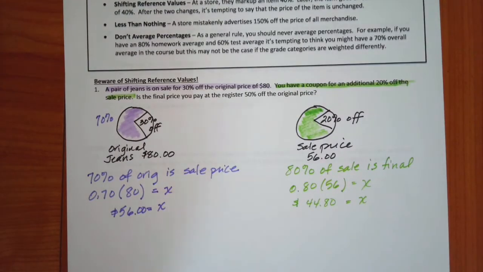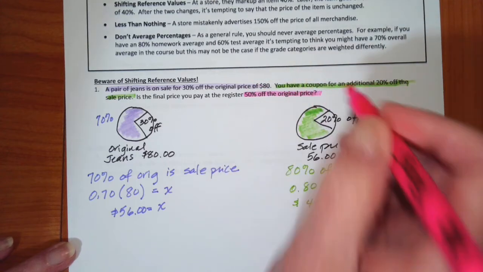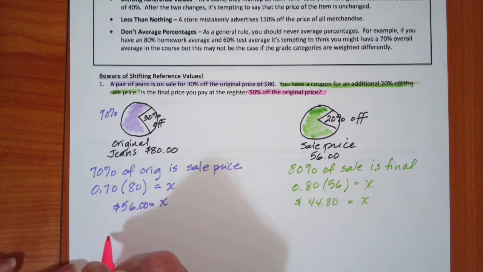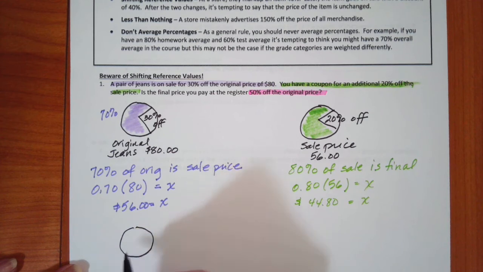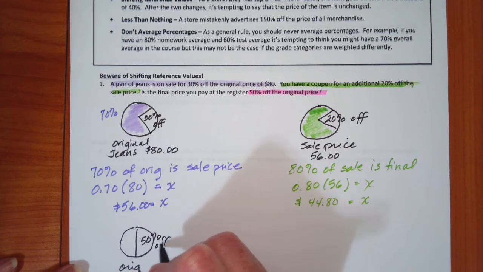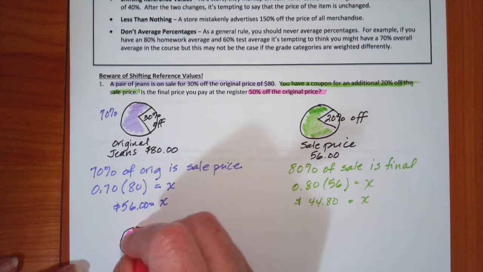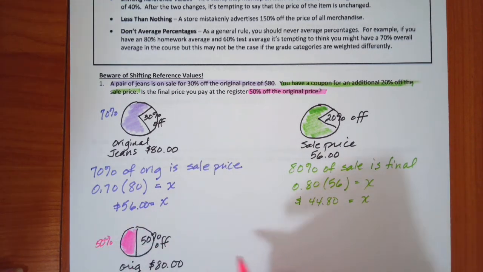Now what we want to know is this: 50% off the original price? Well, on that, if we have the original price, and we're going to take 50% off, the original price was $80, which means that we are going to pay 50%.